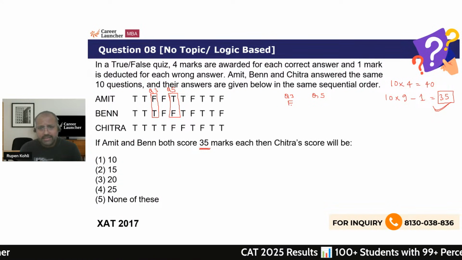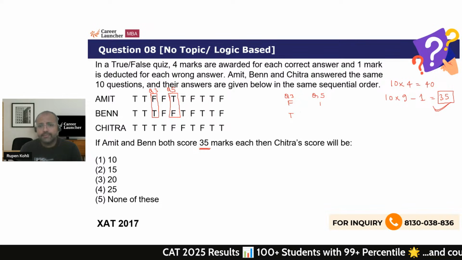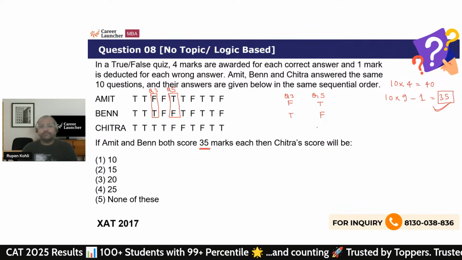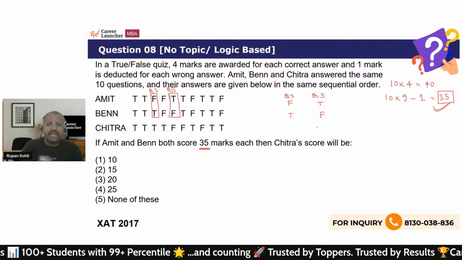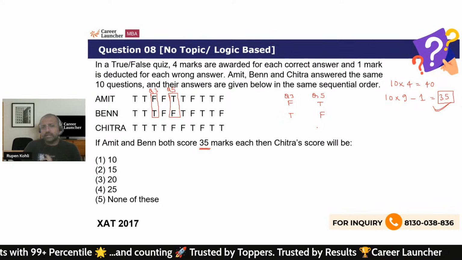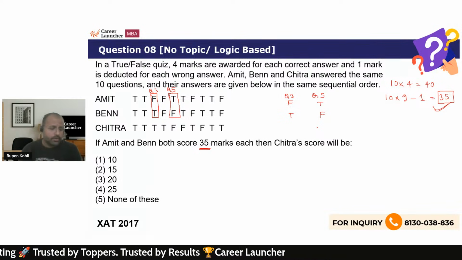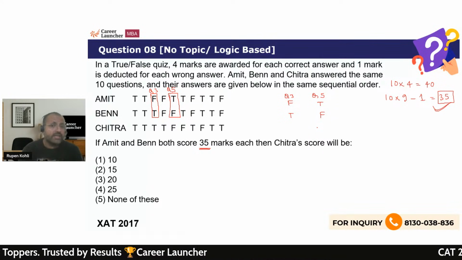So the answer key is FTTF. Whatever the actual answer key, at the end of the day, one of them is going to be right, the other is going to be wrong. So we cannot deduce what is the correct answer key.